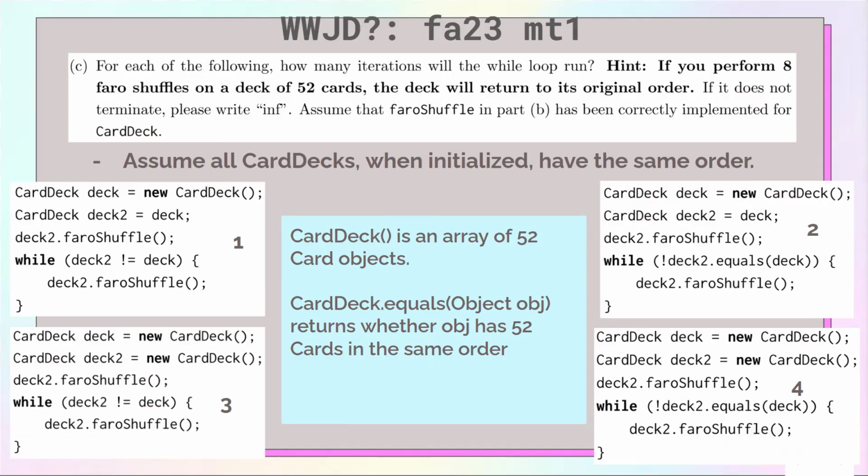And then we have the correct implementation of equals in our case. So we just run it 7 times and then it equals deck. Yeah, that's right. Here we're correctly checking the sequence, and we want to shuffle 8 times, but we already shuffled once before the loop. So in the loop we shuffle 7 times.